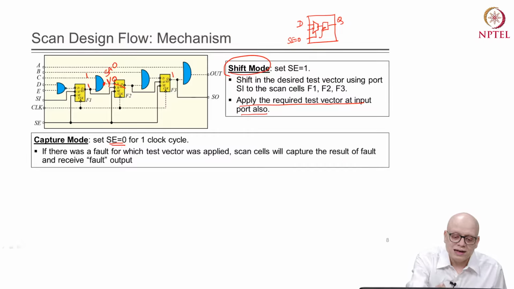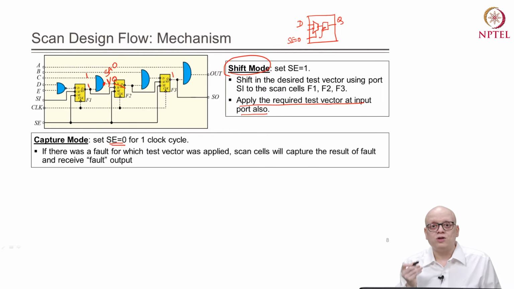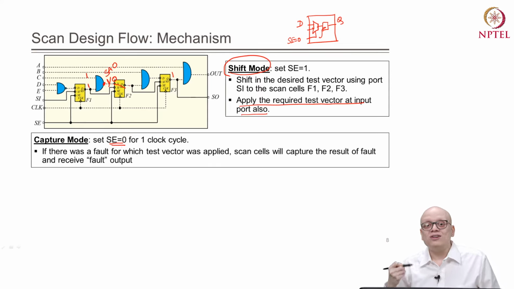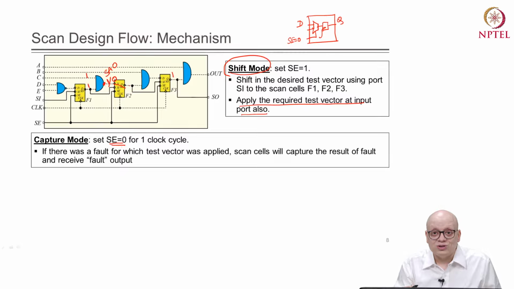In this case the faulted output is 0 instead of 1, which was the correct value, since there was a stuck at 0 fault at this AND gate. So, the Q pin will have a value of 0.